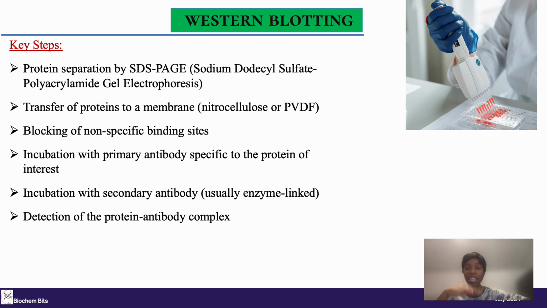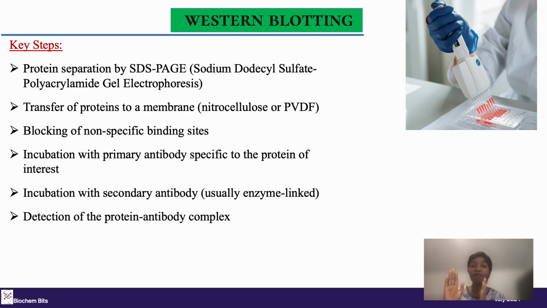The first thing you will introduce after blocking is the primary antibody. So the system is more like a sandwich system. The primary antibody will be picking up the specific protein that you have interest in, and that's why your primary antibody is defined for the protein, to identify it and bind with it. And the secondary antibody will be able to identify your primary antibody, but in this case it's carrying a detector system.